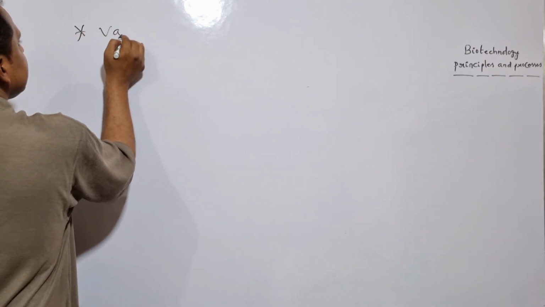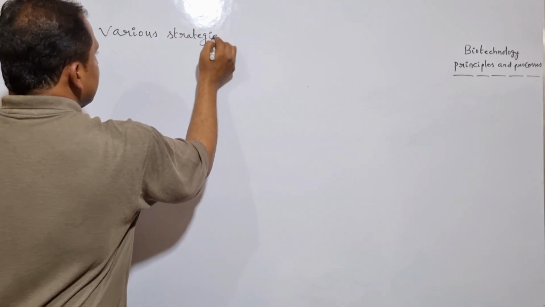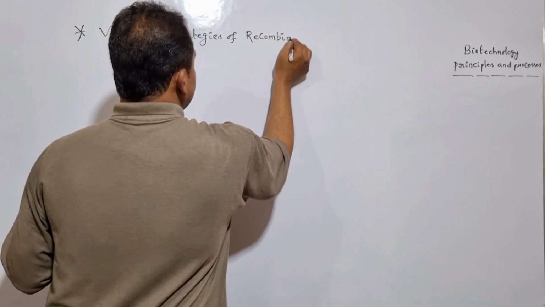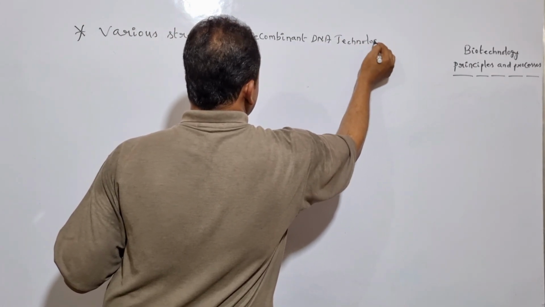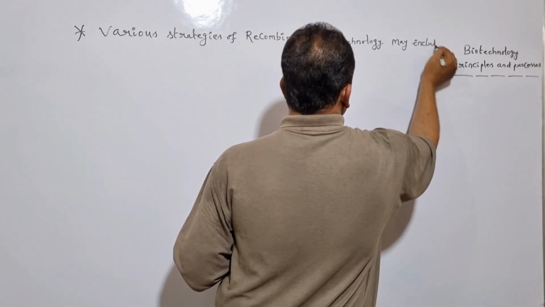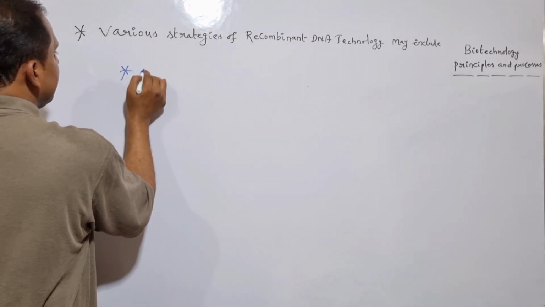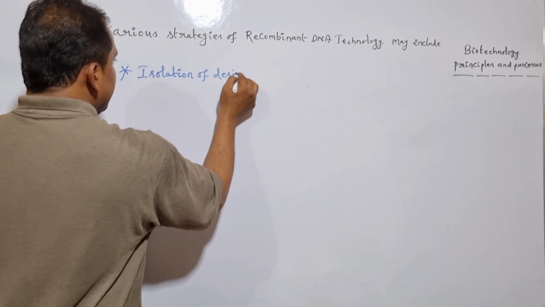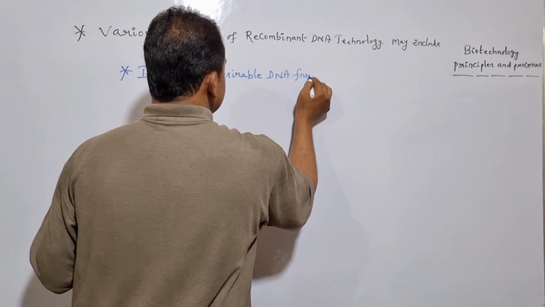The various strategies of recombinant DNA technology may include isolation of desirable DNA from the external source.